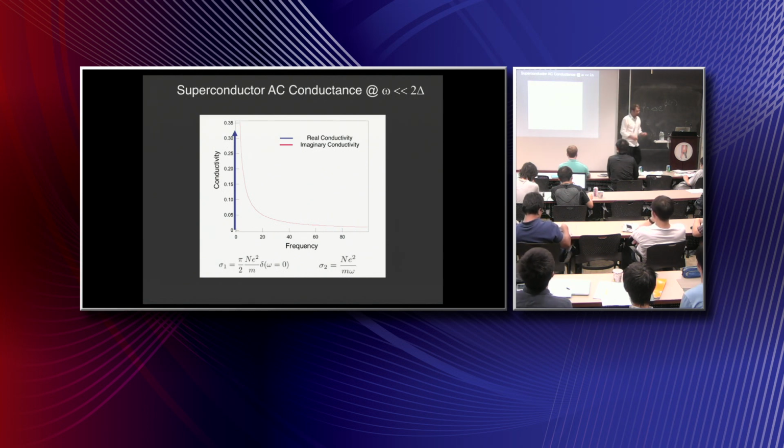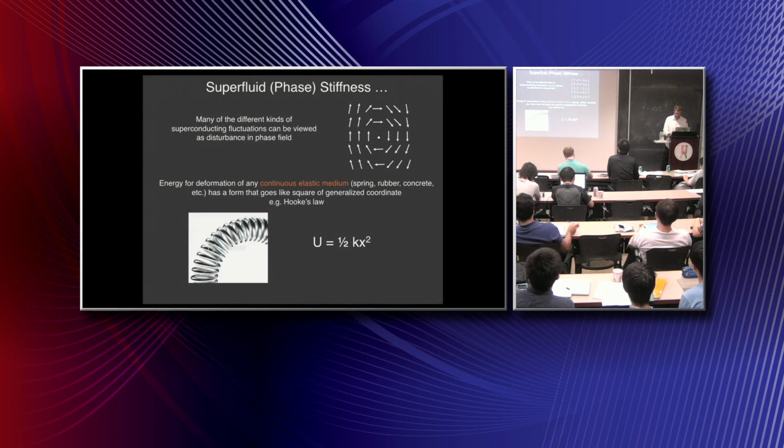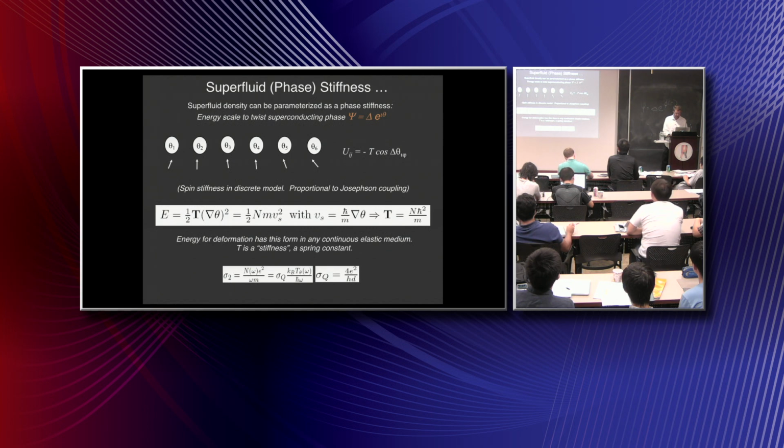So the takeaway point is that the imaginary part of the conductivity allows us access to this energy scale, which is the phase stiffness. And putting data in this language has been very important for understanding fluctuation phenomena in superconductors.